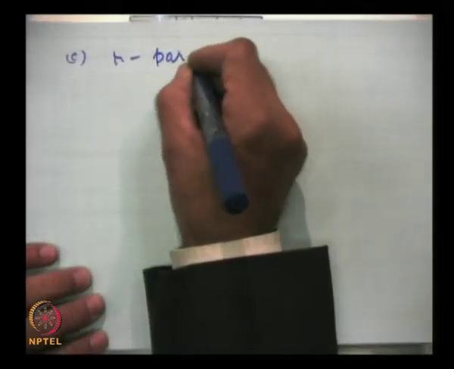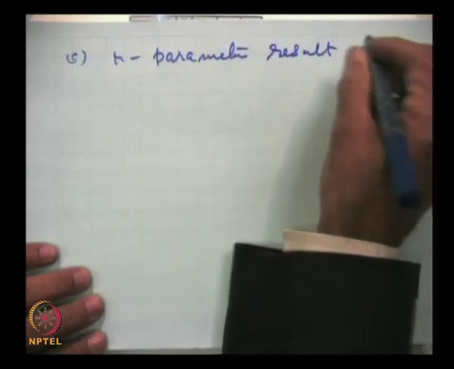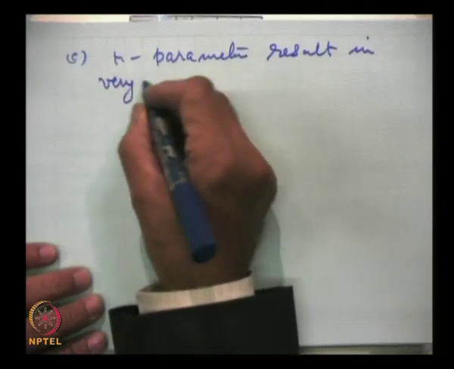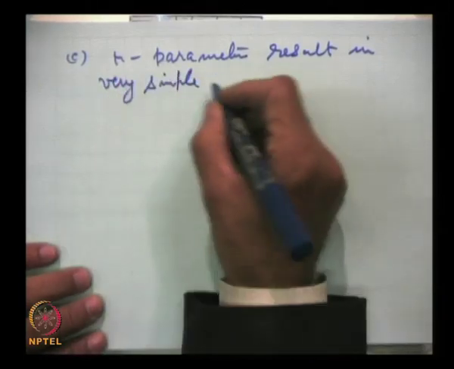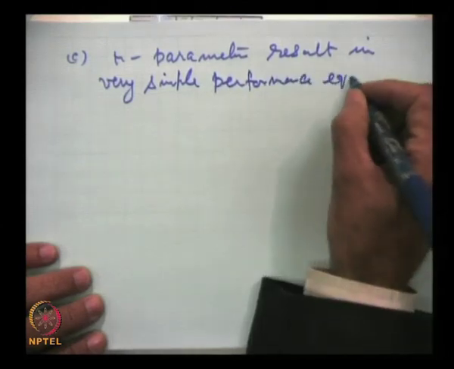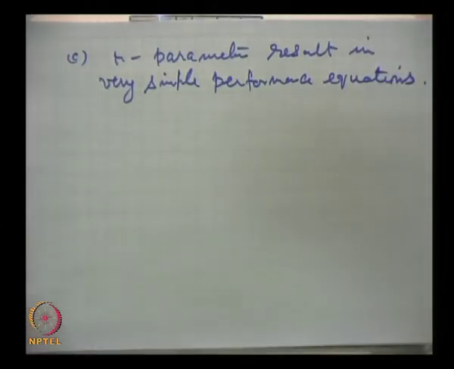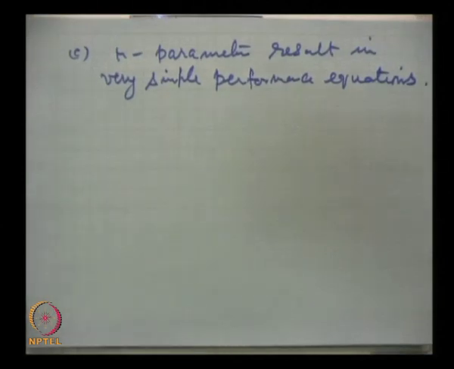So, R parameters result in very simple performance equations. You will see it soon that, for example, the voltage amplification equation with the H parameters was quite complex. Here it will be extremely simple. So, this is that point.